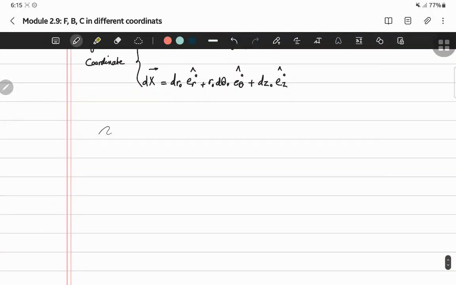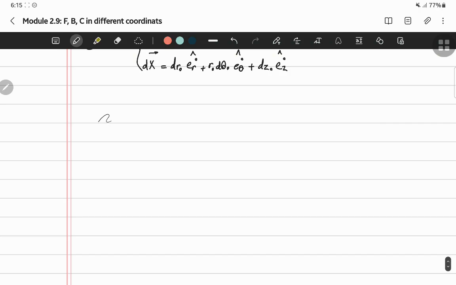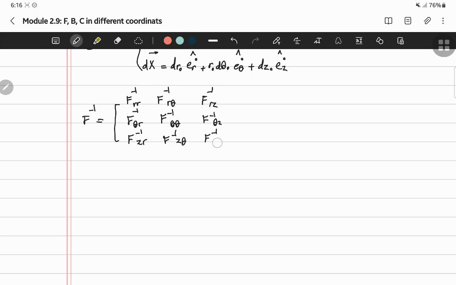So basically, F inverse is F inverse RR, F inverse R theta, and so on. Let's just fill it in. So we have to write it as this: F inverse theta R, F inverse ZR, then F inverse R theta, F inverse theta theta, F inverse Z theta, F inverse RZ, F inverse theta Z, and F inverse ZZ.